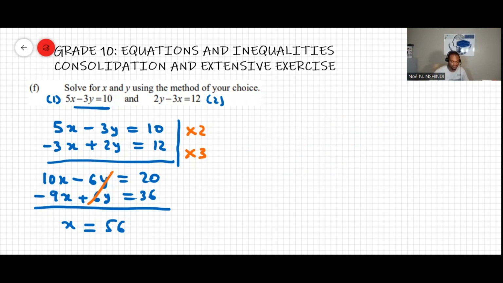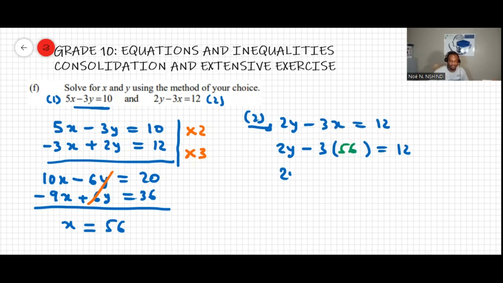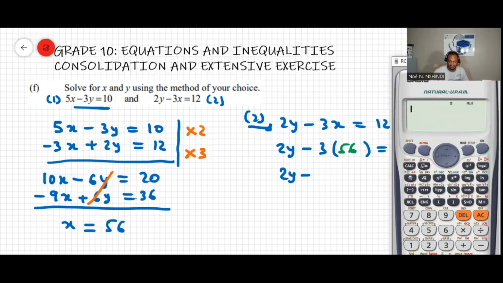Okay, let's just use equation 2 here, which was 2y minus 3x equal 12. Substitute 56 there, and that would be 2y minus 3 times 56, which will be 168. Let's just check here: 3 times 56, yes, 168.